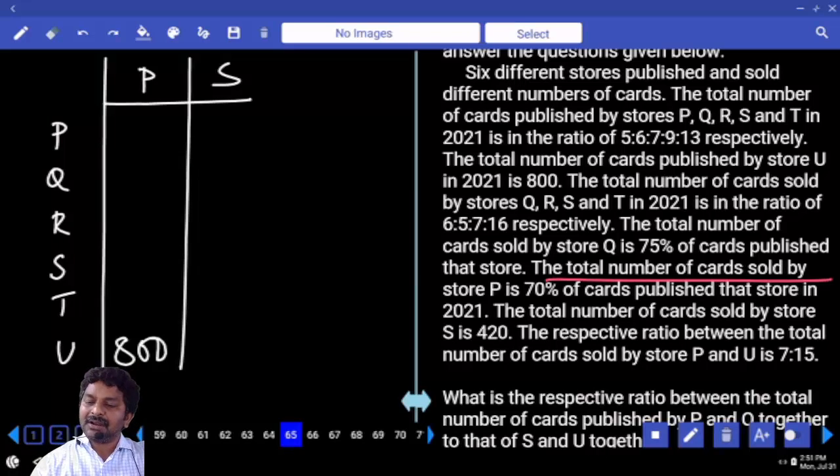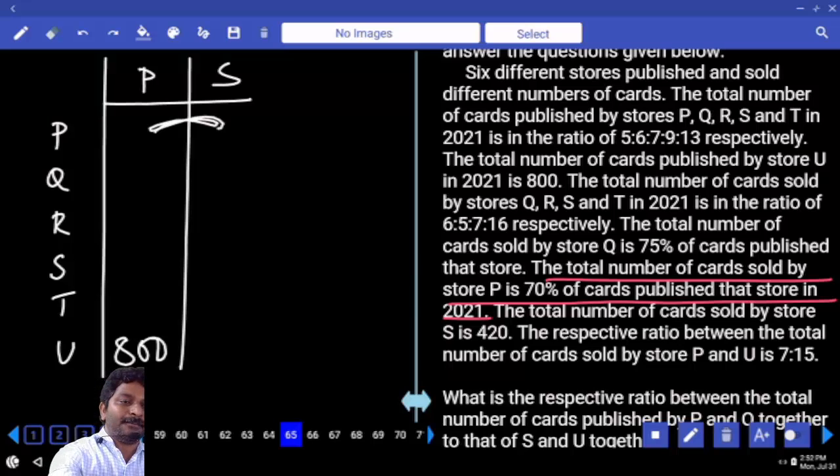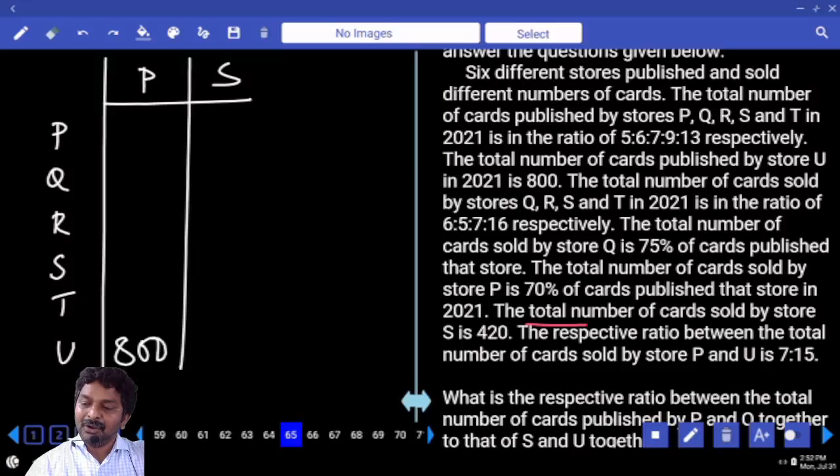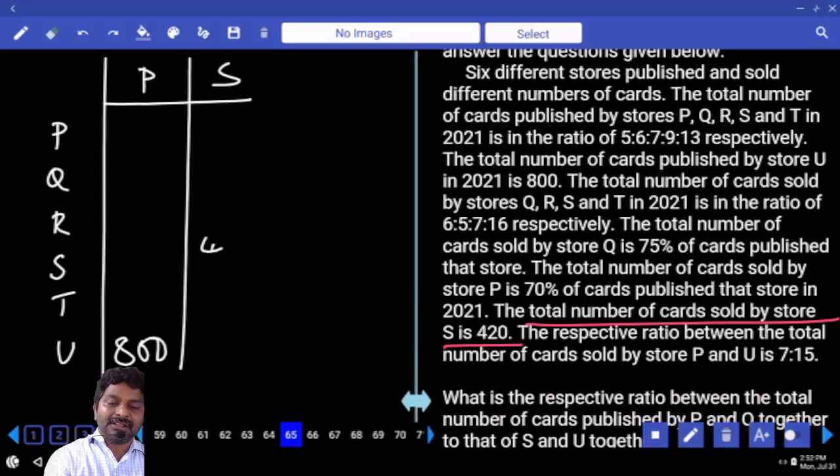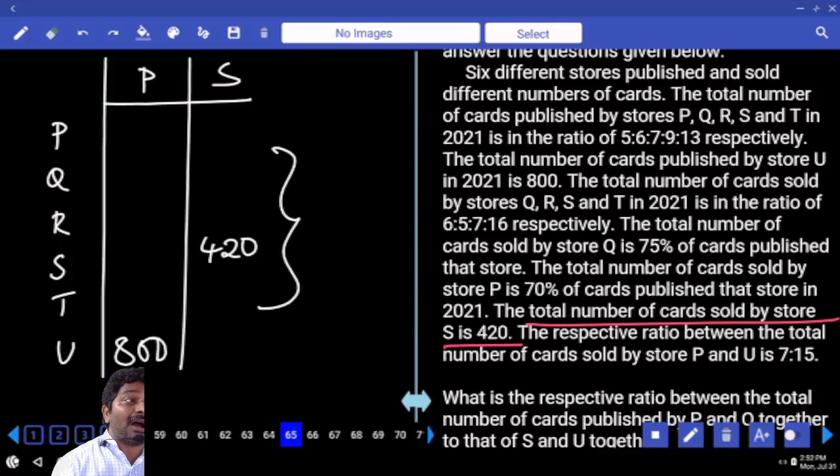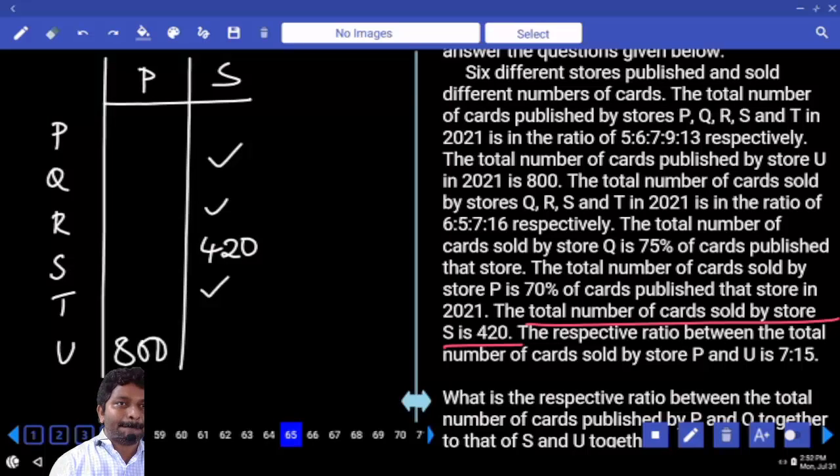Continue. The total number of cards sold by P is 70% of the cards published by that store. Even the P relation is also here, correct? We don't need it now, we'll consider it later. The total number of cards sold by store S is 420. This is 420, right? Now, the sold cards ratio is given for QRST only. So can we fill these 4 numbers?